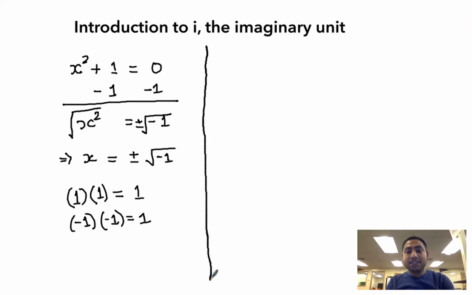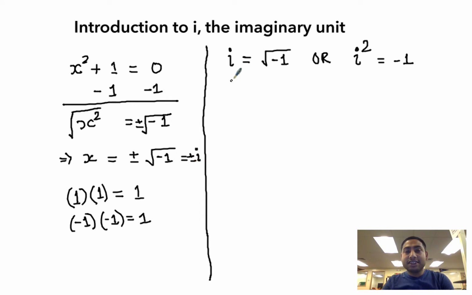Okay, so we define the imaginary number i to be equal to the square root of -1, or what's the same thing, i is a number so that if you square it, you'll end up with -1. These two things are equivalent. So if we define our i this way, then the solution to this equation is going to be plus or minus i.